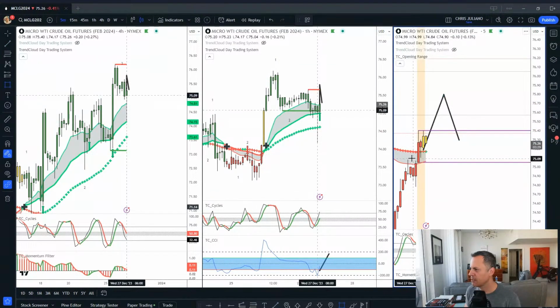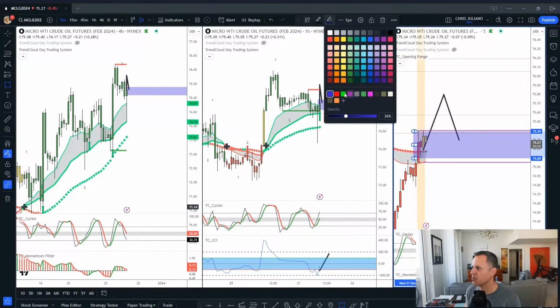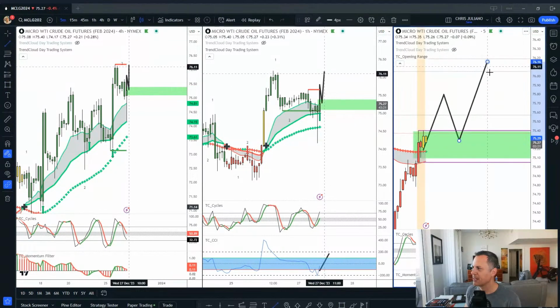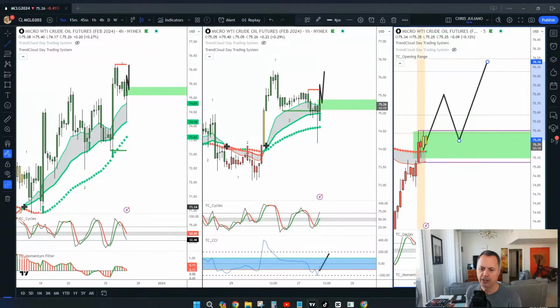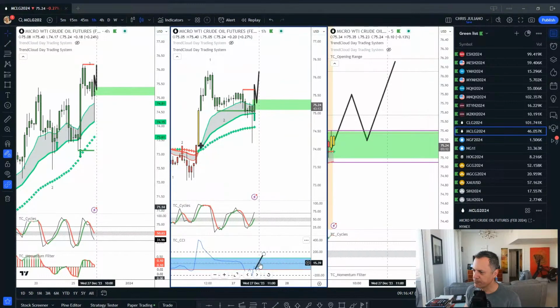And you can see right here, what we have forming is a little demand zone right here. Okay? And then you can take that to a target. So that's the plan. So we'll leave that on there, and we're going to wait for some sort of a breakout and a cross above positive 100 on that CCI indicator.